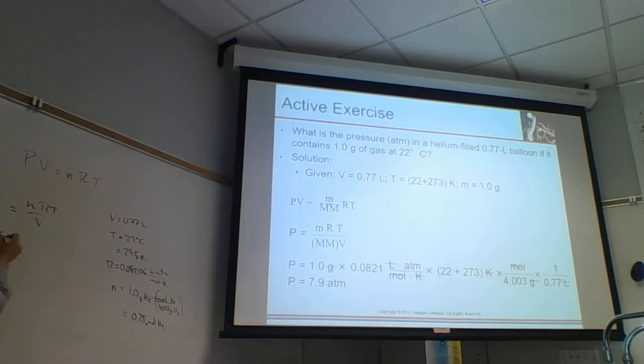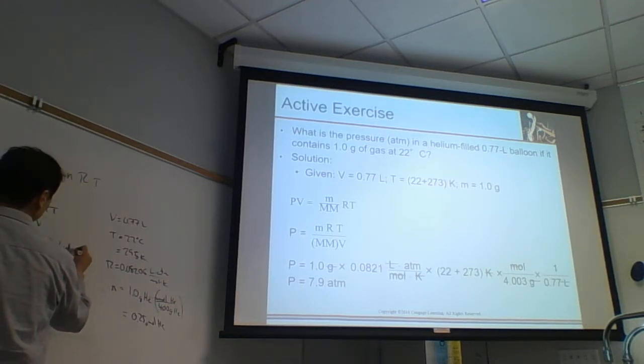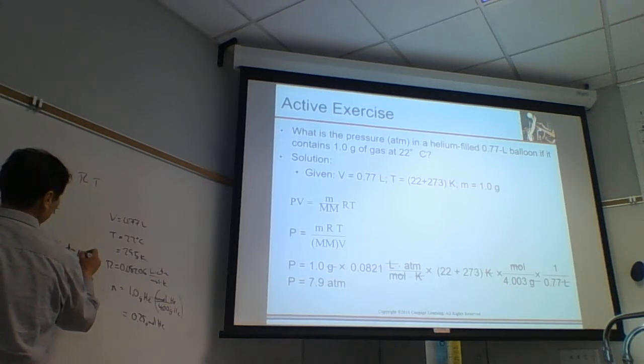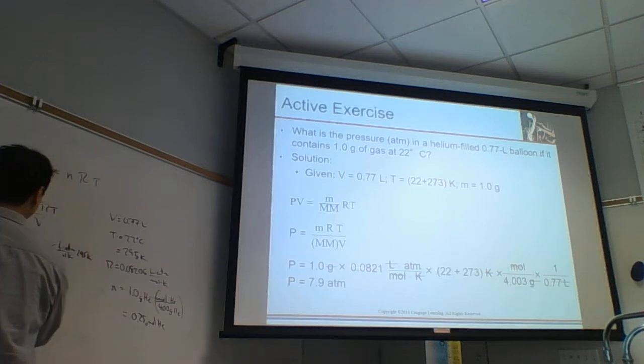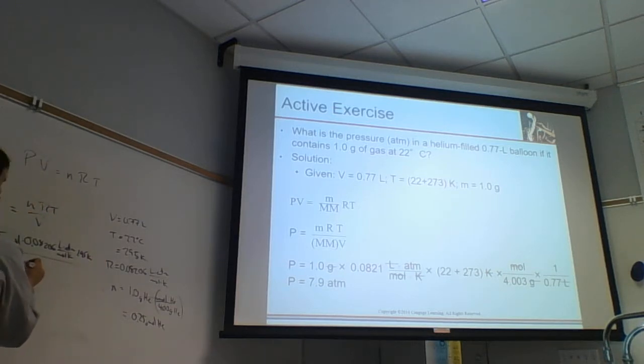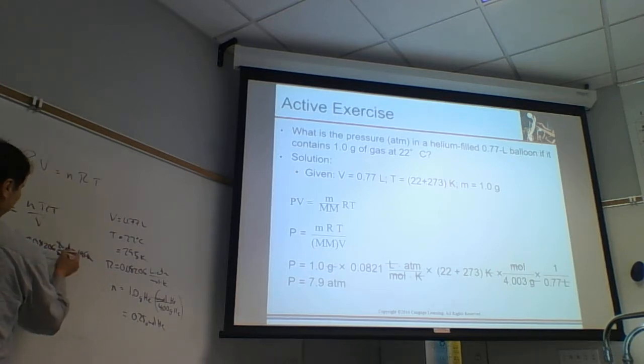So I'm going to plug in 0.250 moles times R, which is 0.08206 liters atmosphere per mole Kelvin, times temperature 295 Kelvin, divided by the volume 0.77 liters. So just to make sure the units work out, or the dimensions, well, the moles cancel, the Kelvin cancel, the liters cancel, that leaves us with atmosphere.